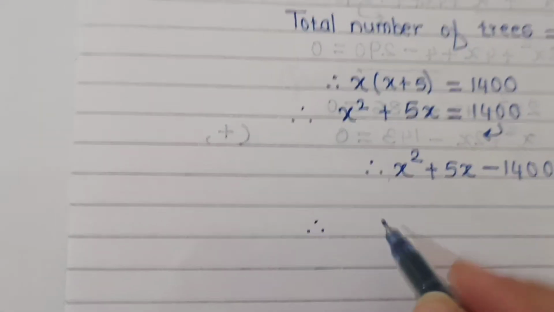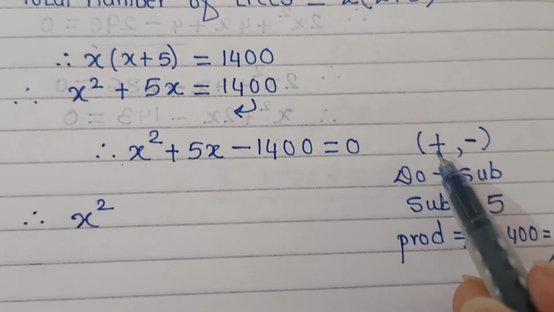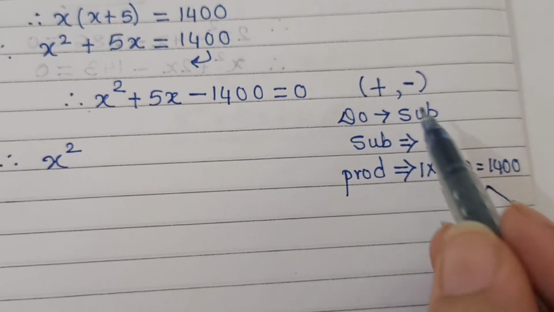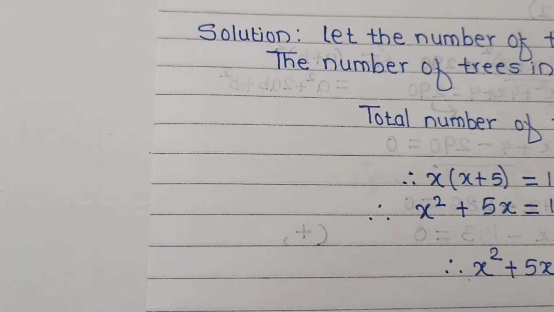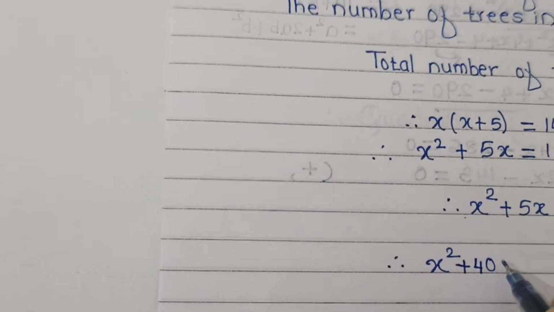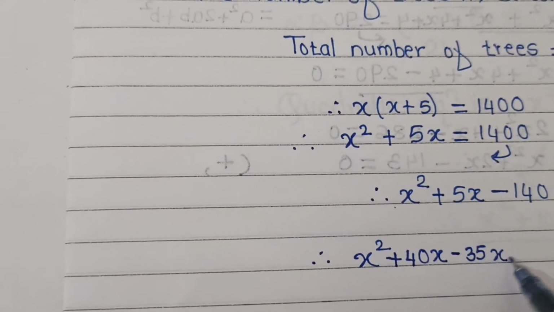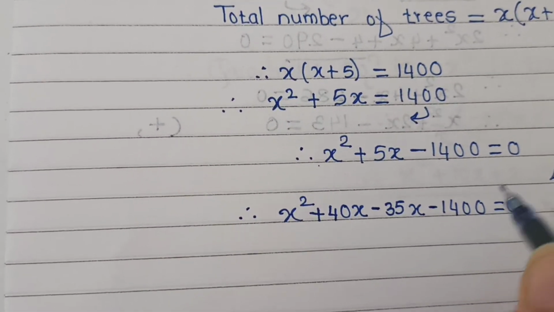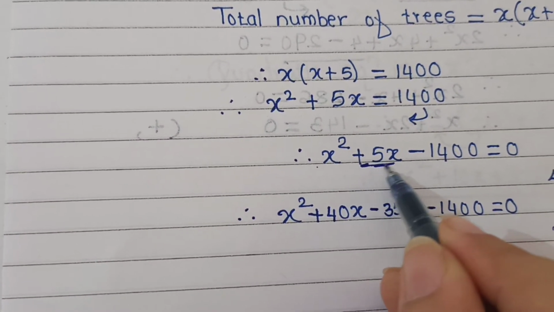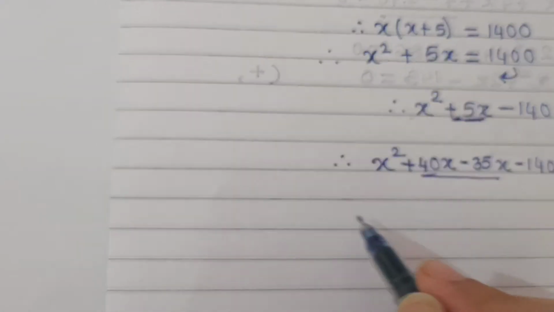So therefore x square, first sign and the greater number, second sign and the second number. So x square plus 40x minus 35x minus 1400 is equal to 0. 5x is written as 40x minus 35x.